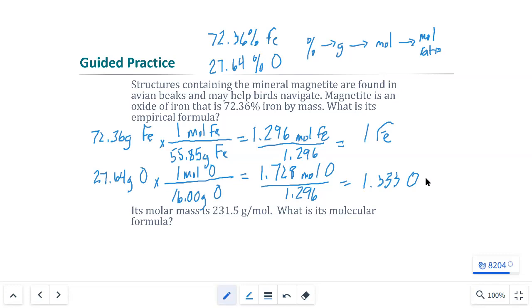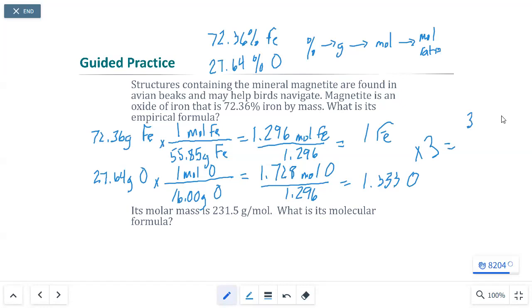Well, in this case, 0.333, that's a fraction as well. That would be a fraction 1/3. So if I have 1/3 as my fraction, I need to multiply by 3 to get rid of that fraction. So I'm going to multiply each of these by 3 to get rid of those fractions.